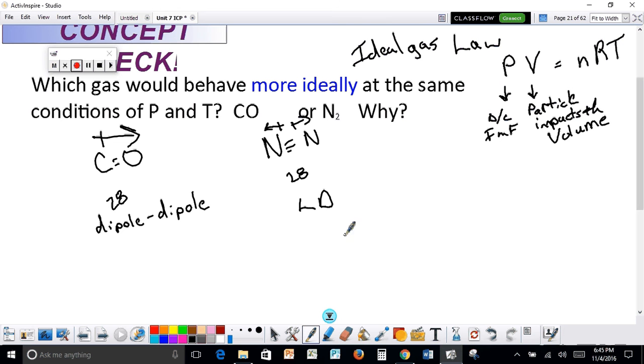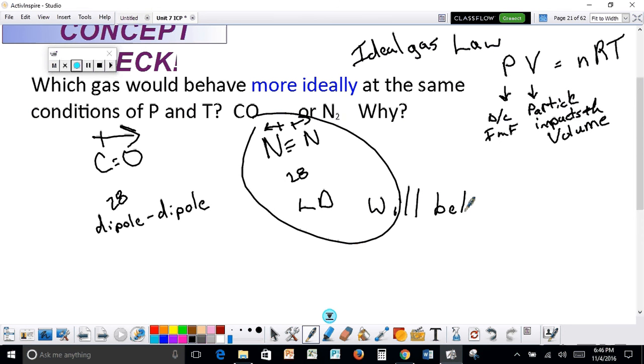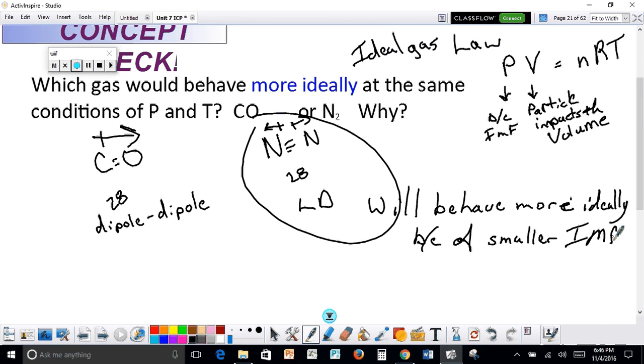So N2 is going to behave more ideally because of smaller IMFs.